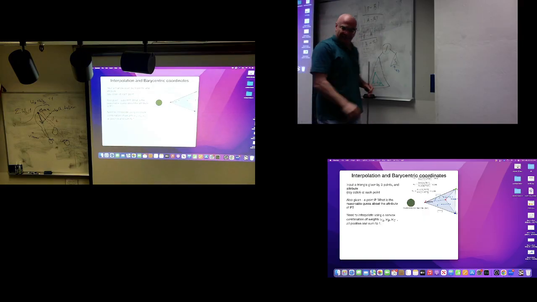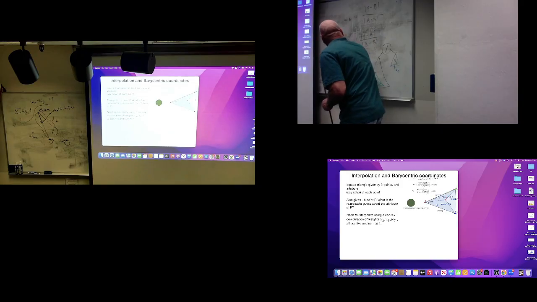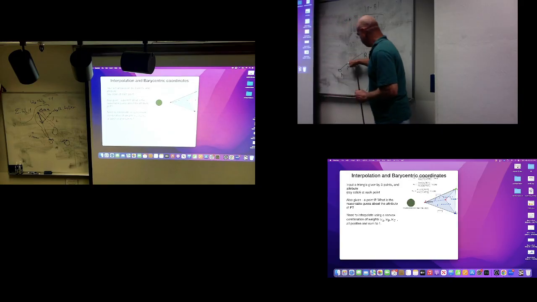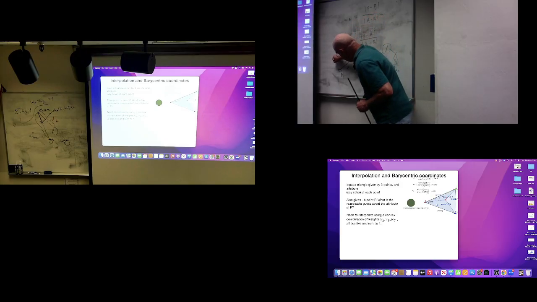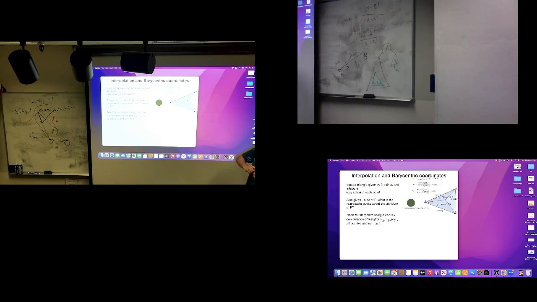For a segment, with P between A and B, to determine W of A, I look at the portion of the segment that doesn't have A. For a triangle, look at the triangle that doesn't have A.